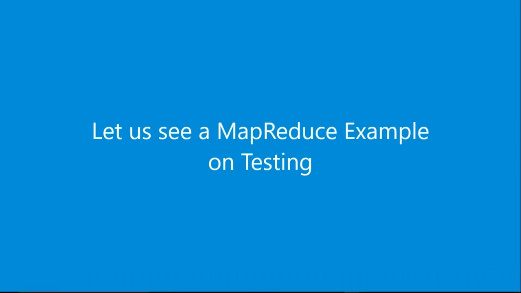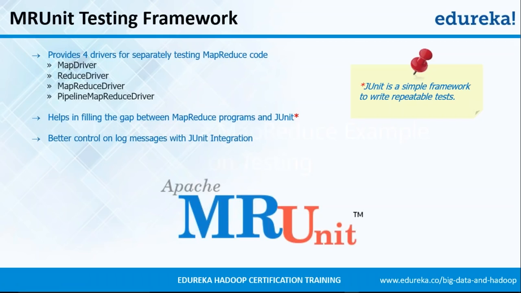So now we'll look into the MapReduce example for testing. In this we'll be using MRUnit. MRUnit is nothing but a framework using which you can get the advantages of JUnit on a MapReduce program. So you are basically executing unit tests over a MapReduce program. You pass a set of inputs and you define the final output that should be received.